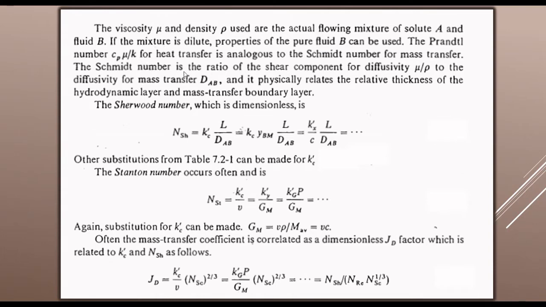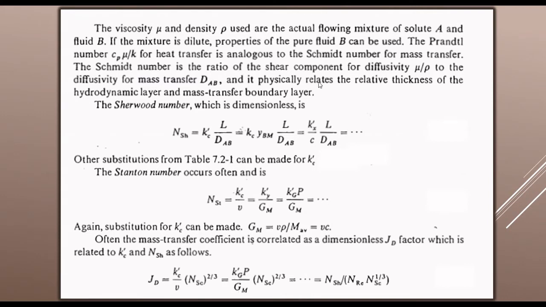Now, the Schmidt number, the one that we just discussed, mu over rho DAB, is the ratio of the shear component, which is mu over rho, to the diffusivity for mass transfer, which is the molar diffusivity.